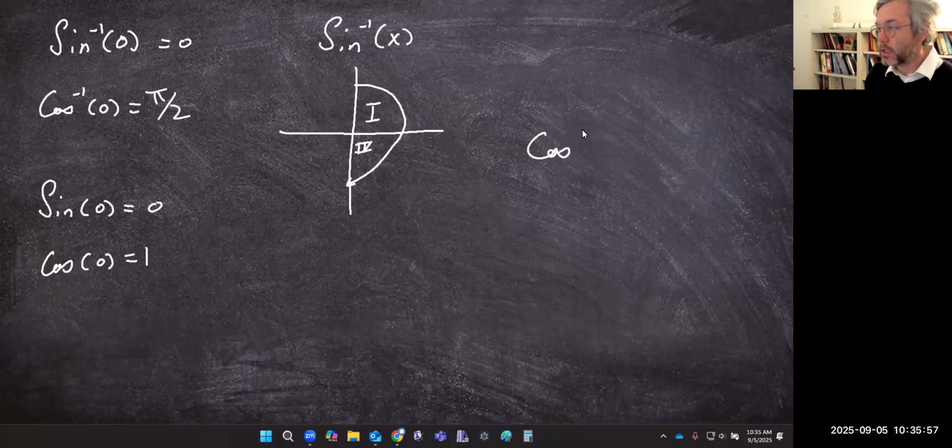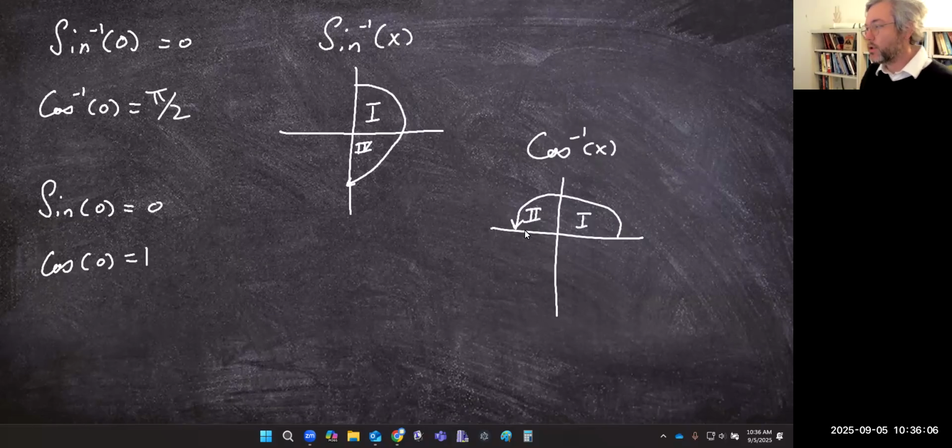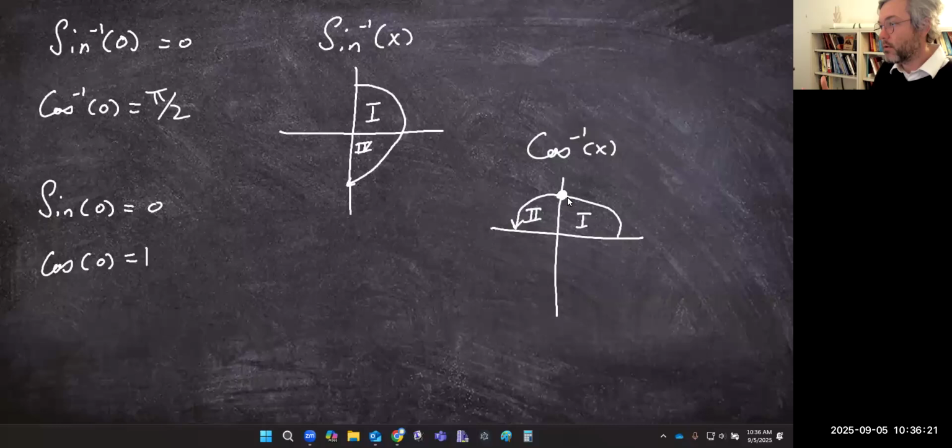And then for cosine, we're going to restrict it going this way. So it's region 1, region 2. All right. So when we say the inverse cosine of 0, it's pi over 2 because that's the x coordinate that equals 0.